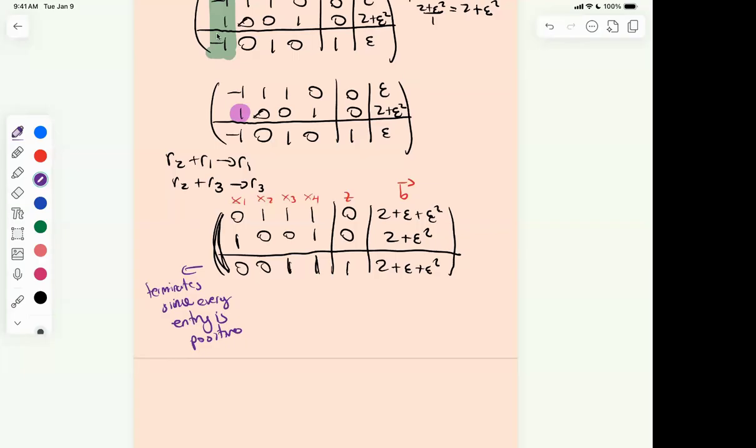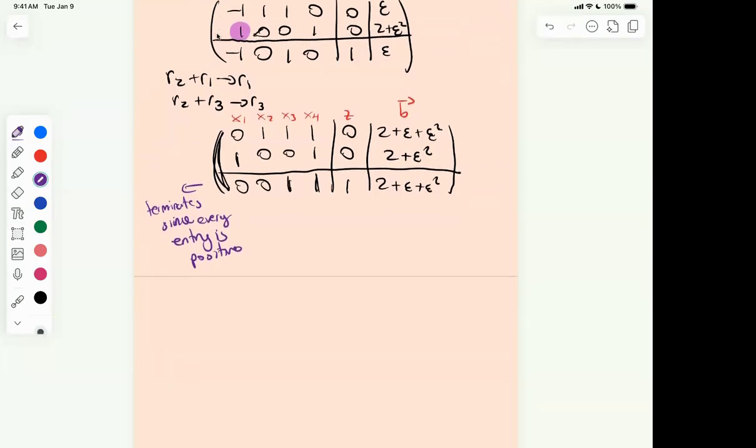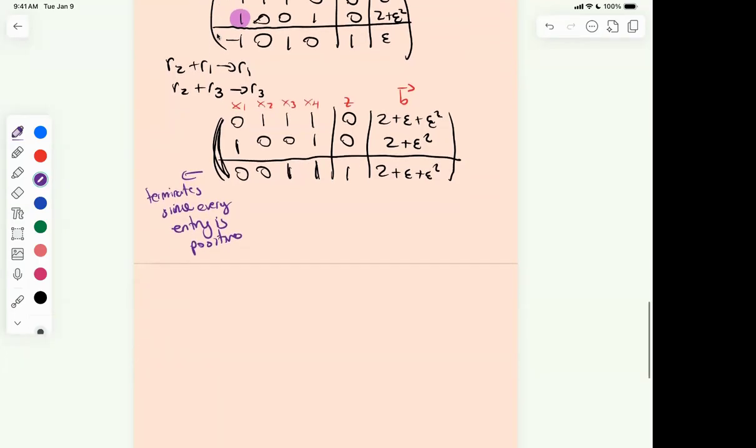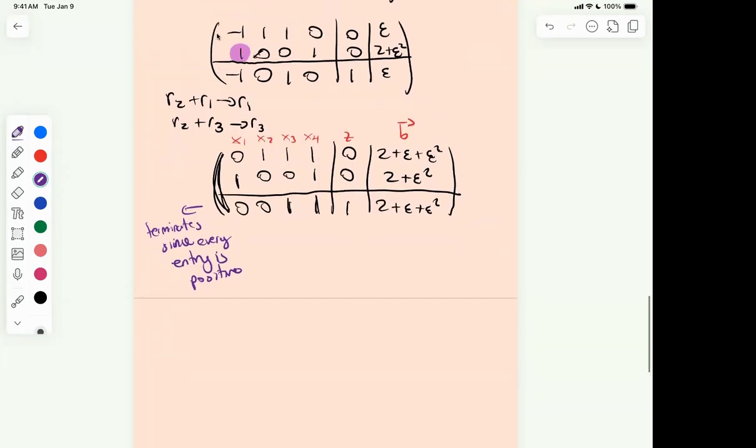And again, let's just do it for a moment because it's illuminating to read it back as a system of equations, because that also makes it more transparent why the algorithm terminated.